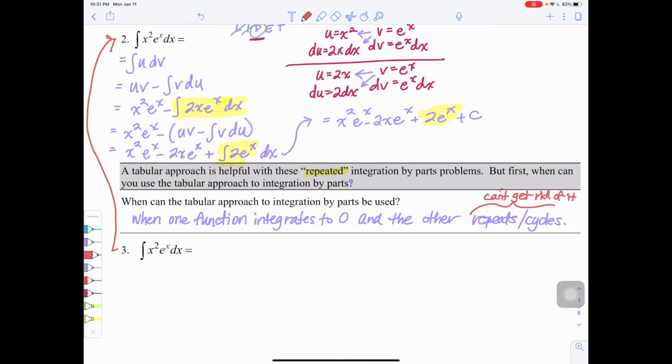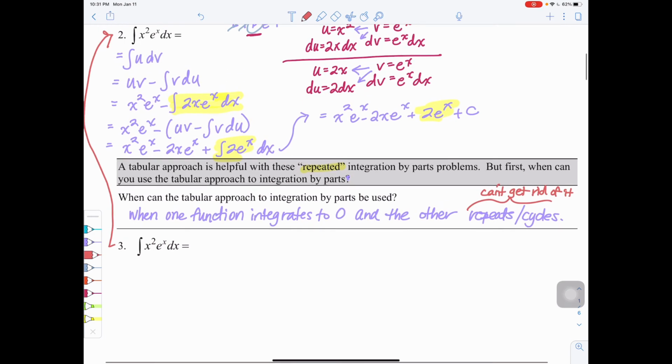I should have said here, when one function has derivatives that go to 0, and the other repeats and cycles.